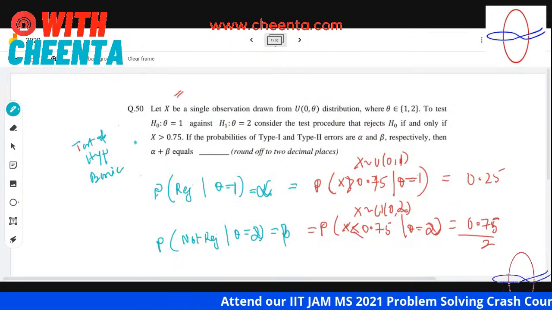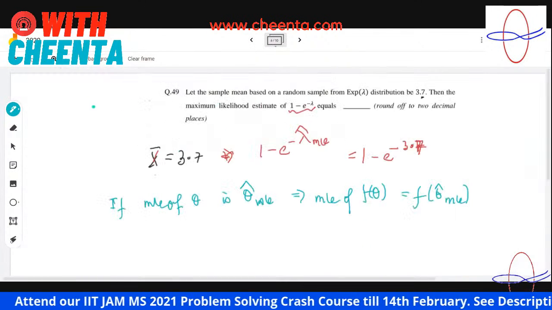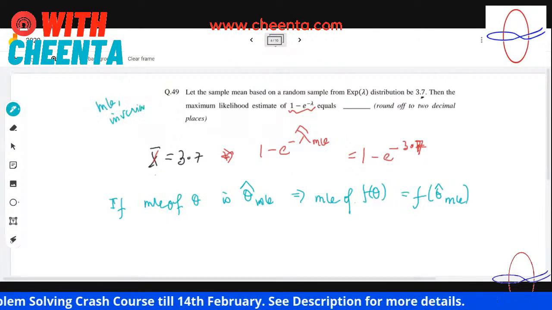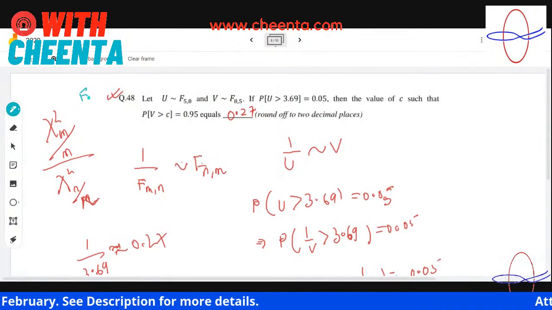Okay, let's see the properties here. Here it's just basic MLE invariance. Here it's an F distribution, sample statistics problem.